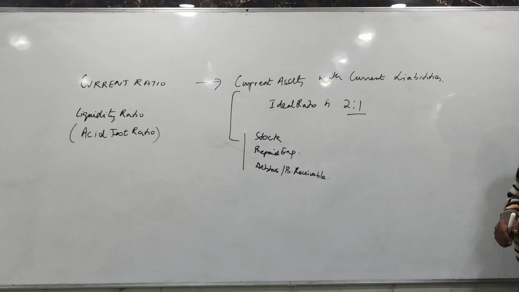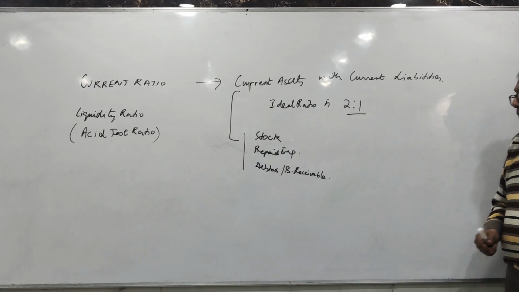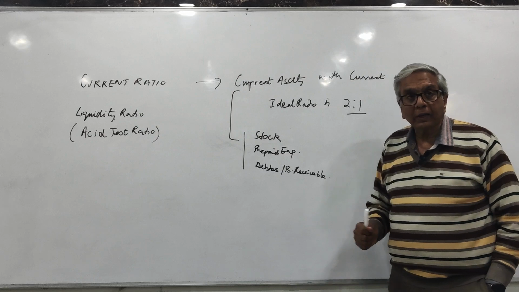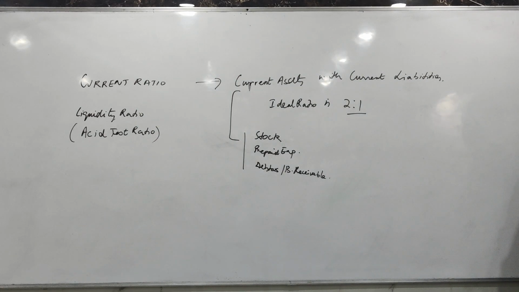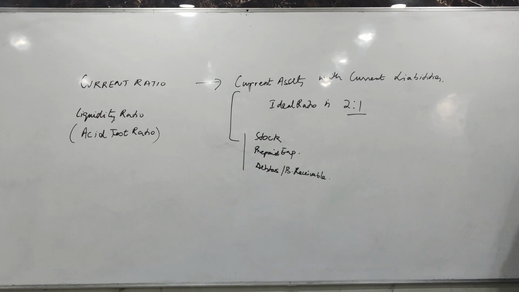The ideal ratio is 2 is to 1, but if this ratio is less than 2 is to 1, then you might have problems in paying off the current liabilities.